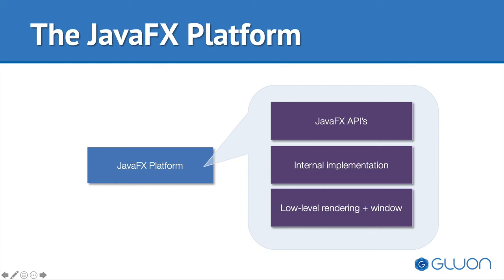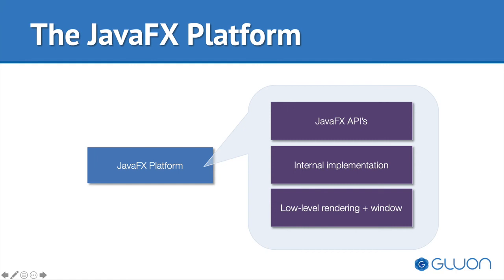At the top level, we have the JavaFX APIs. Those are the ones that are used by developers. So developers only code against the JavaFX APIs. Internally in JavaFX, these APIs are implemented, and lots of logic is written there. And at the lower level, the result of whatever the APIs are intended to do will result in changing the user interface.